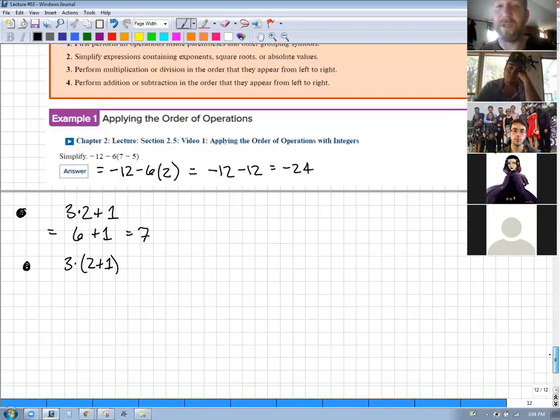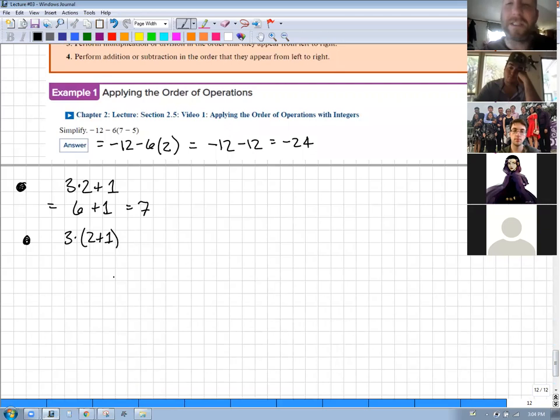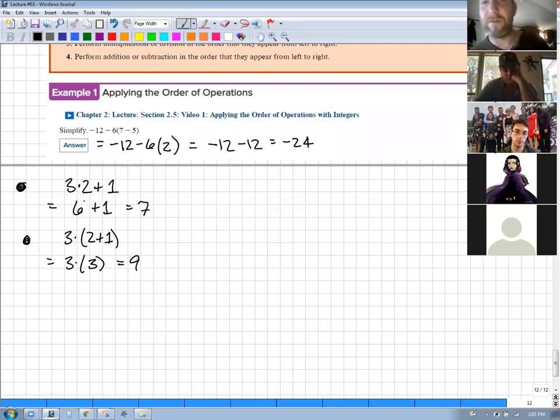All right, well, I said multiplication first, but this has parentheses. In this case, we have to do parentheses first. All right, so 2 plus 1 would be 3. And 3 times 3 is 9. So parentheses, then your multiplication or division, and then your addition or subtraction. Okay.